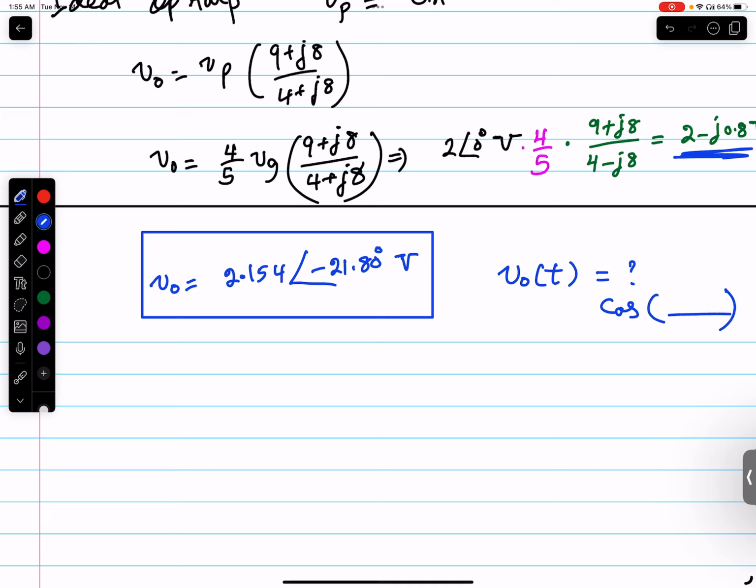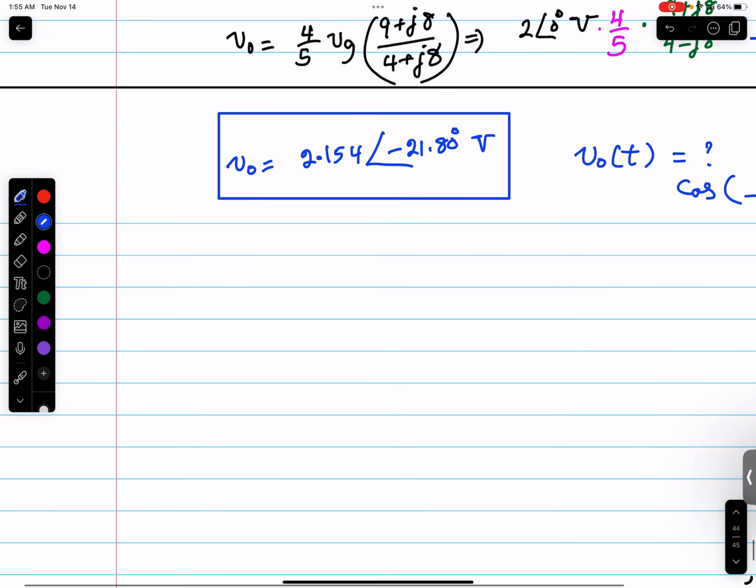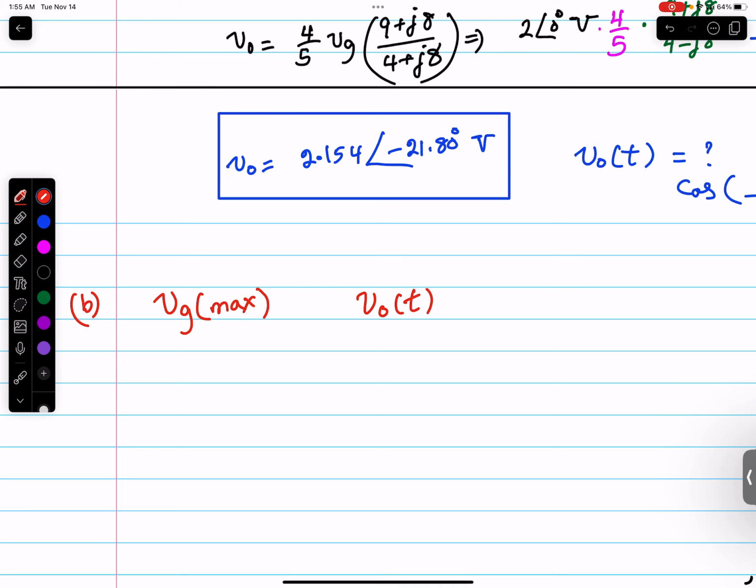Give me the expression for vo. Let's move on to B. That's important. What is the maximum value of Vg so that V output of t, or the op amp, does not saturate?